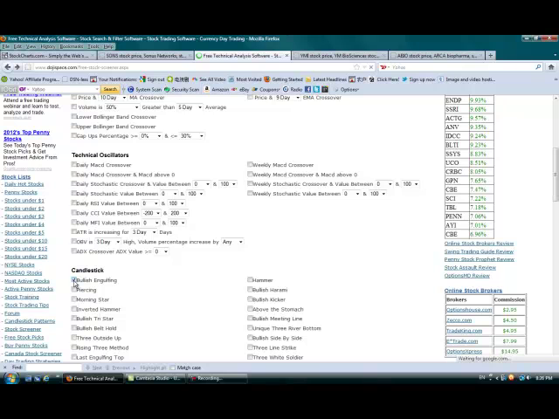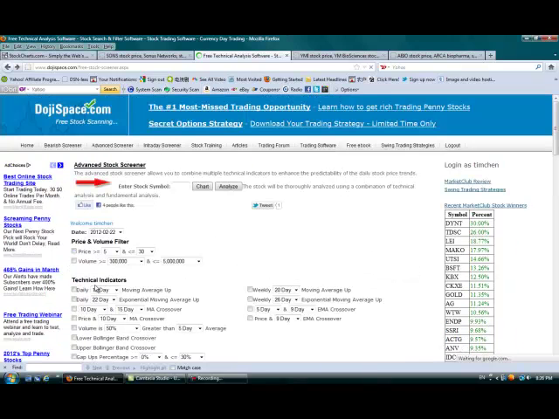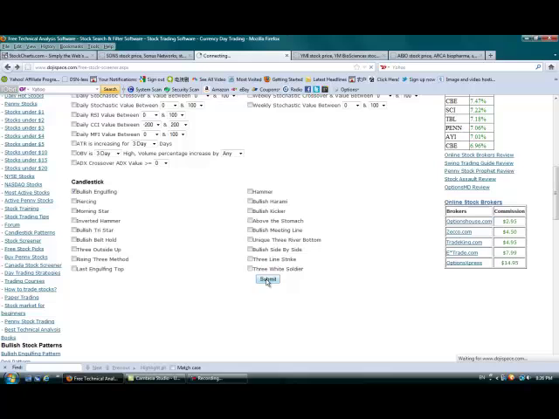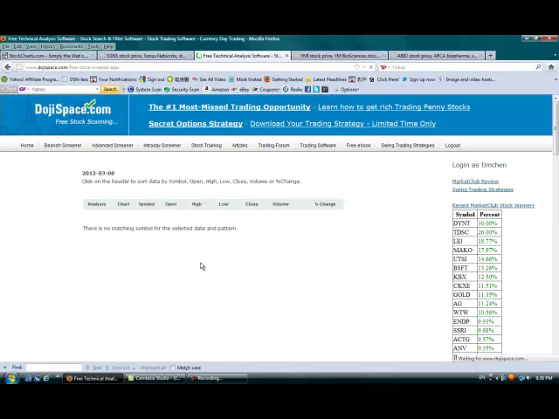Let's say you want to find stocks that are making a MACD crossover and a bullish engulfing pattern, and we will just select the latest day, which is today. And now if you screen again, it will give you a different result because now we want MACD combined with bullish engulfing.